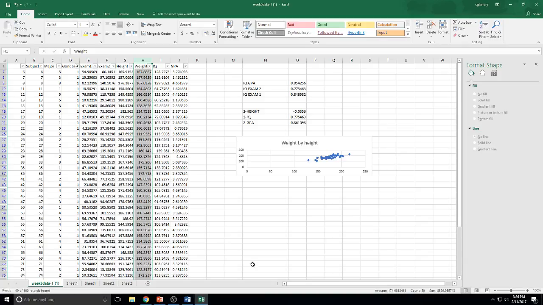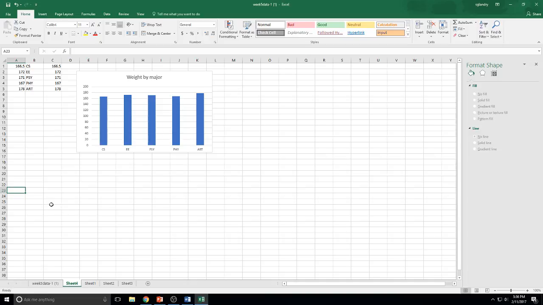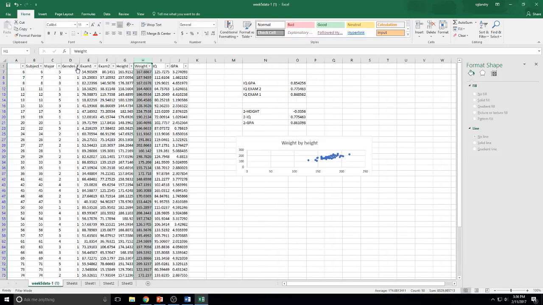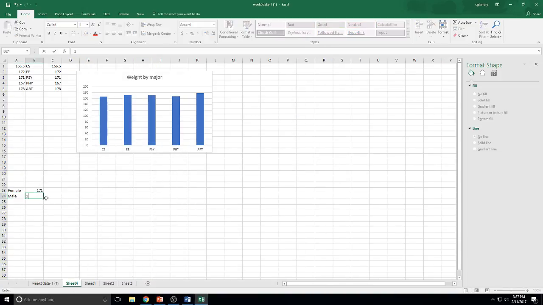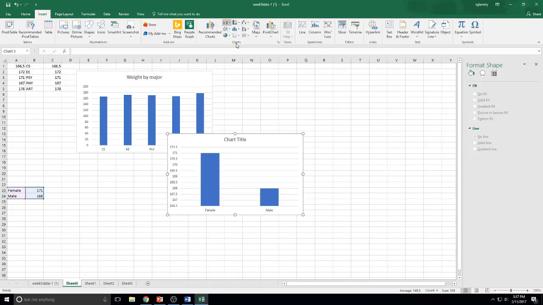Weight 174 for just the ones. Female 171. Male is 168.